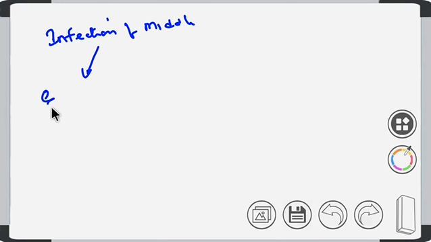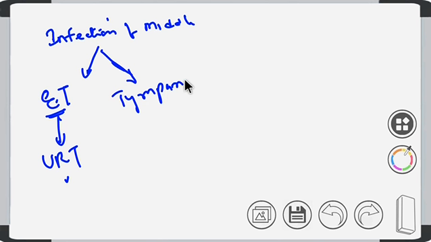As I told you, there is infection of the middle ear. From where does this infection come? This infection comes through the eustachian tube. When there are recurrent attacks of upper respiratory tract infections, the infection spreads through the eustachian tube to the middle ear, or it can spread through the tympanic membrane.